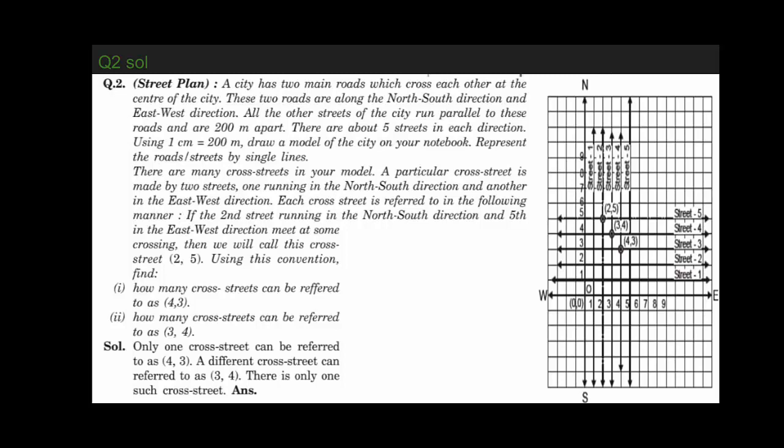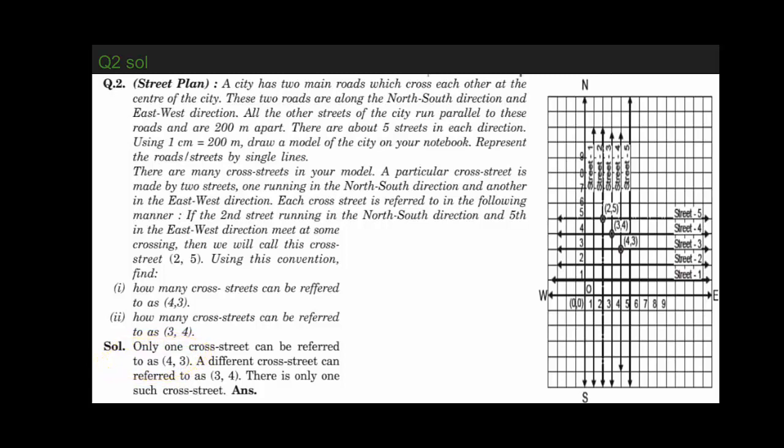Now, if you take street number 4 running in the north-south direction, this street, and street number 3 which is running in the east-west direction, this street, they meet at only one point which is 4 and 3. So it will have only one cross street. So only one cross street can be referred to as 4, 3.